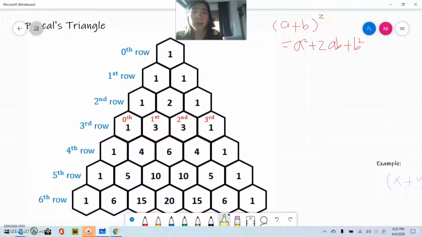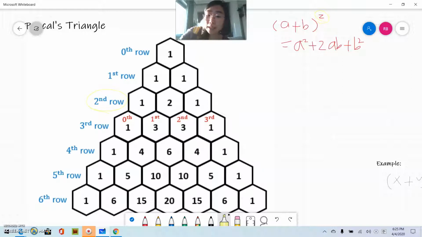Do you see how the power corresponds with the number of the row when we start the rows at 0? The numbers you see in Pascal's triangle are the coefficients that go with the binomial expansion.